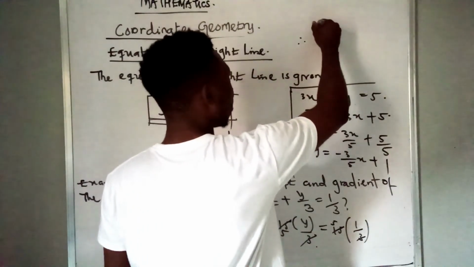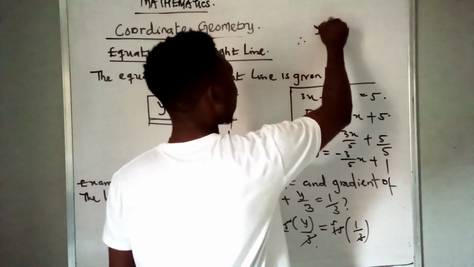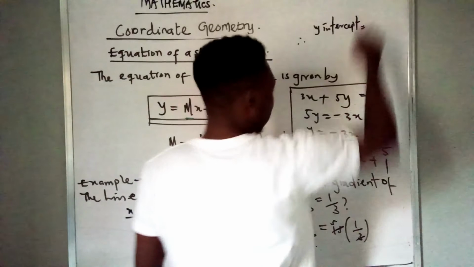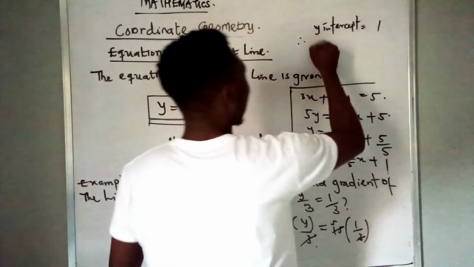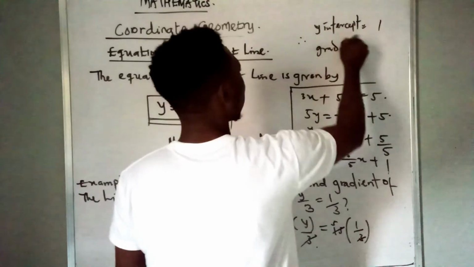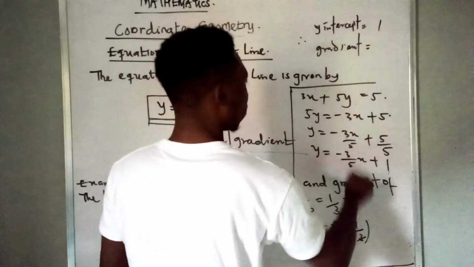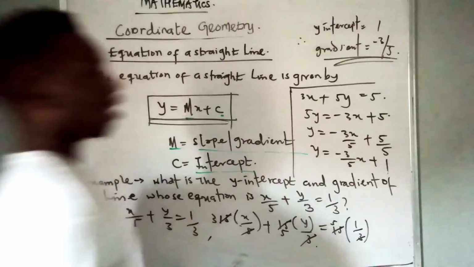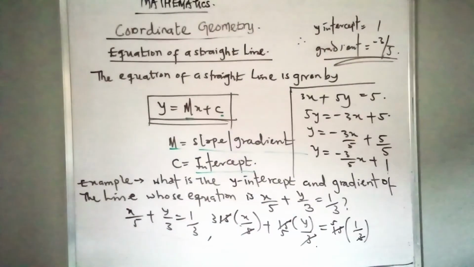So my y-intercept here is 1, and my slope or gradient here is minus 3 over 5. So this is what we have as our final answer.